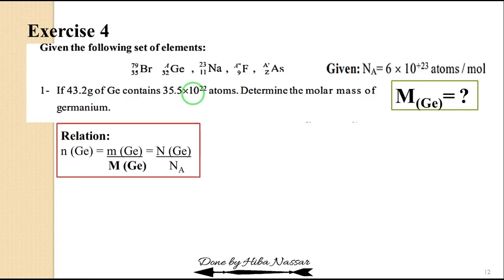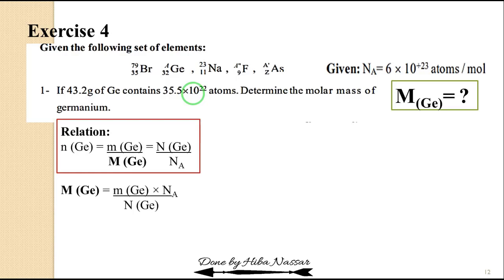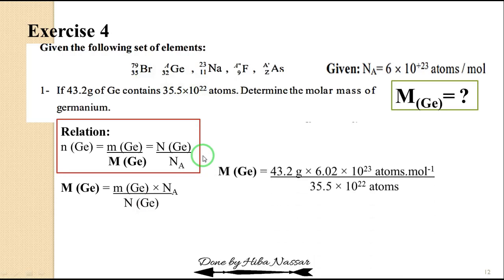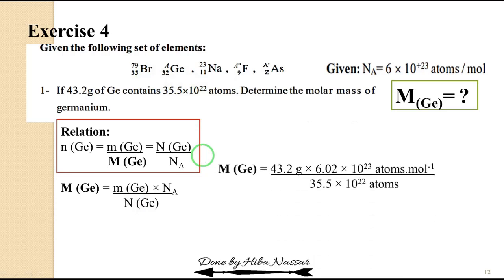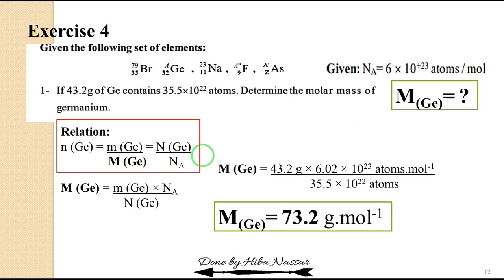So I'm going to use again the relation. We can write here that the molar mass of germanium is equal to its mass times Avogadro's number divided by capital letter N, which is the number of germanium atoms. By substituting all the given information, we can say that the molar mass of Ge is equal to 73.2 gram per mole.